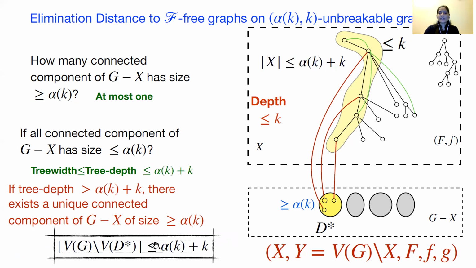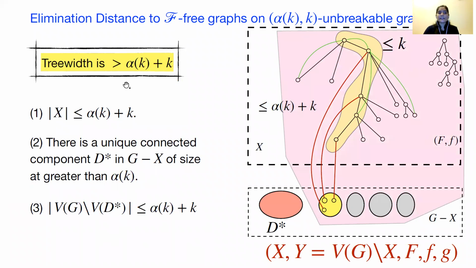And by the same argument, other than this unique large connected component, all other vertices are bounded by alpha k plus k. Hence, we obtain our properties when tree width is greater than alpha k plus k: the modulator is bounded, there is a unique large connected component in the remaining graph, and the vertices other than this unique large connected component are also bounded by alpha k plus k.